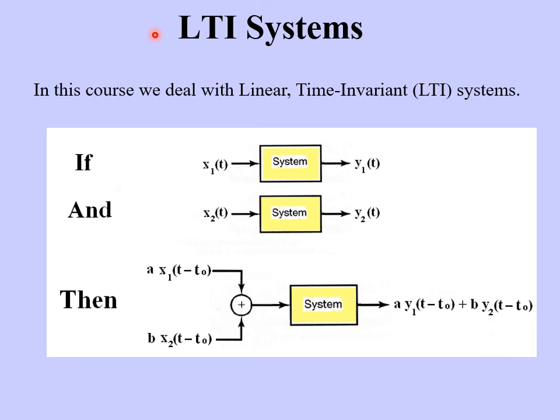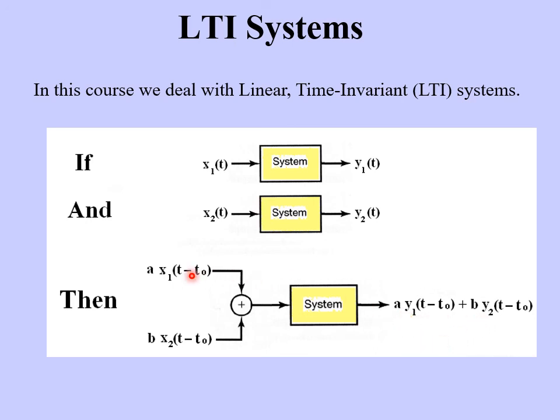In this course, we are going to be dealing with linear time invariant systems, or LTI systems. And this is the full definition of what an LTI system is. If x1 of t produces the output y1 of t, and if x2 of t produces the output y2 of t, then a times x1 of t minus t naught added to b times x2 of t minus t naught produces an output that is scaled by a and b again.